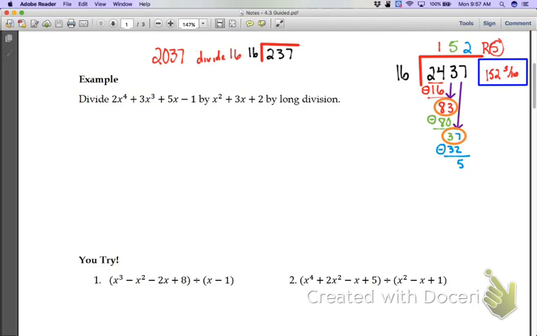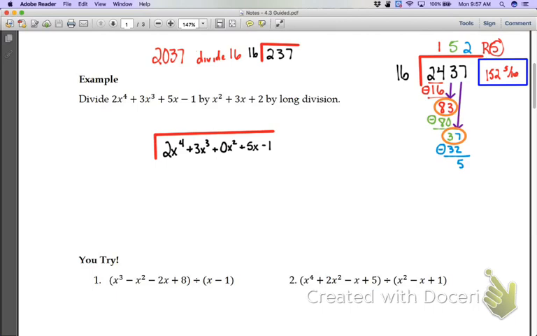So whenever I do this, what's going to happen? I would write this towards the middle for the way that I'm going to show you to do this. So I have 2x to the 4th plus 3x to the 3rd. I have to put in my placeholder of 0x squared plus 5x and then minus 1.